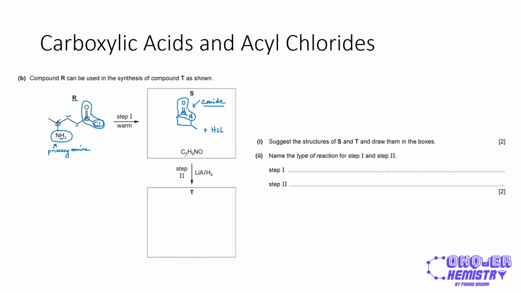And if you want to check with the formula, right? So we have basically 1, 2, 3, 4, 5 carbon atoms, so that's C5, and we have 1 oxygen, 1 nitrogen in the amide group, and hydrogens will be basically 3 over here and 1 over here, so that's 4, plus 2, that's 6, plus 2, that's 8, and this nitrogen over here is also going to be bonded to 1 hydrogen, so that's 9.